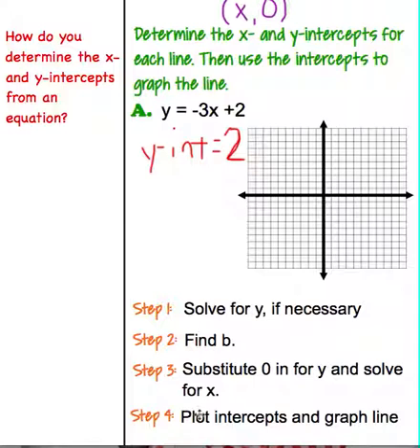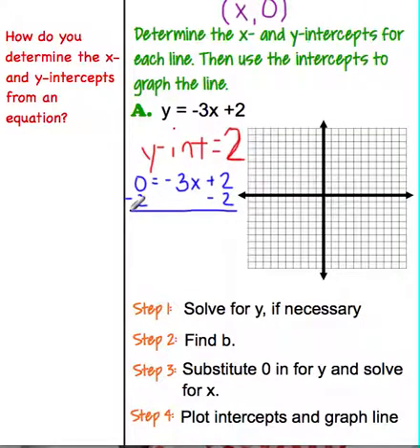So when we talk about substituting 0 in for y, that simply means we're going to take y and it's going to become 0, and then we have 0 equals negative 3x plus 2. Now we want to solve for this, so the first thing we're going to do is subtract 2.